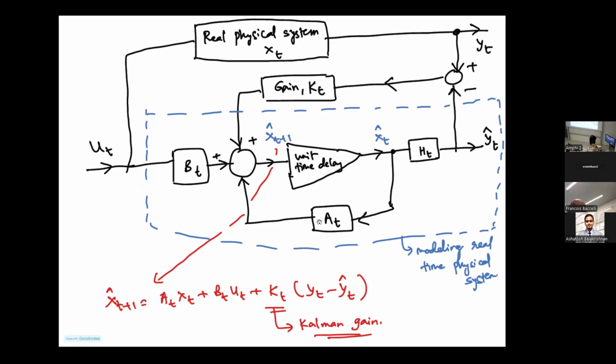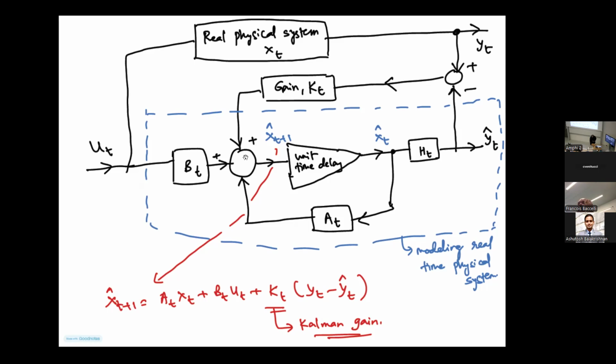So we have the matrices A, B, and H, and we try to get y t hat, and see how close the predicted measurement y t hat is to the real measurement y t. And this tuning is done through the gain, which is the Kalman gain. I'll come to what it is.